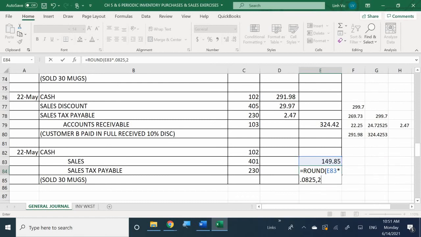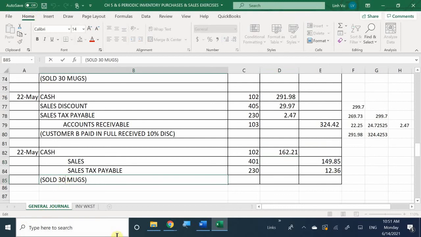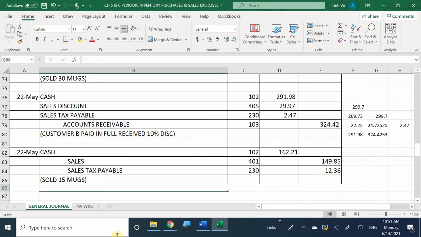Total cash would be $162.21. Good. And once again, we only sold 15 mugs. Good.